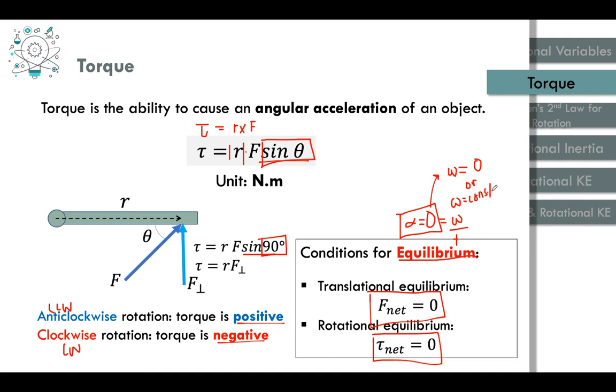If omega is constant, that is a special case within circular motion, and we call that uniform circular motion, which we abbreviate as UCM, which we're going to head into right now.